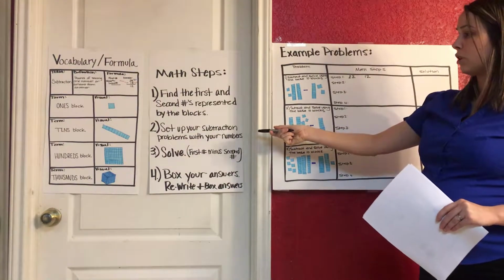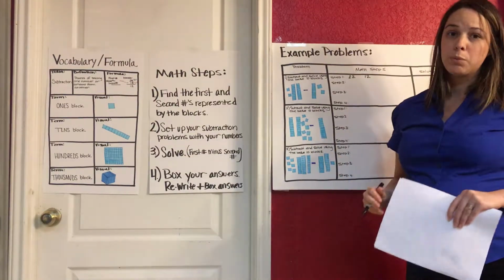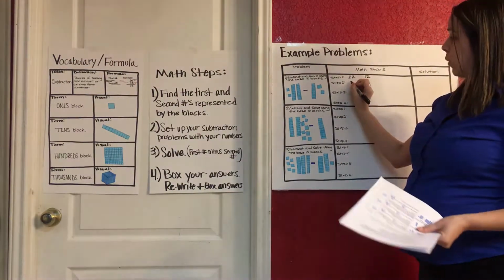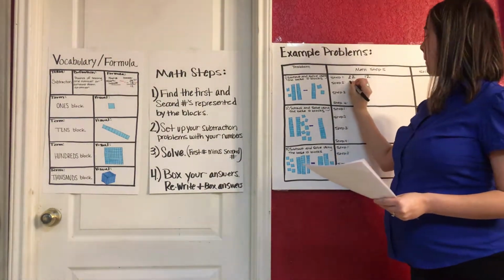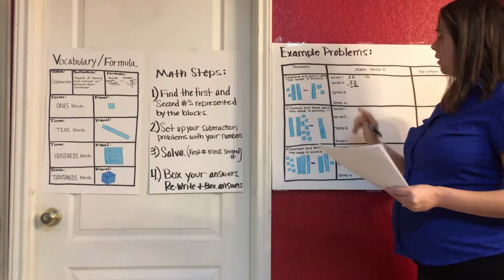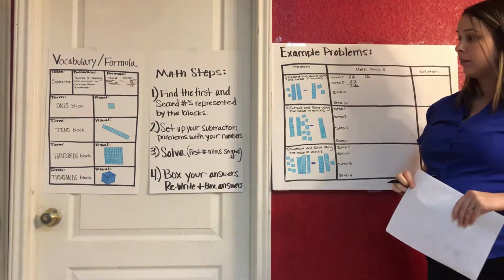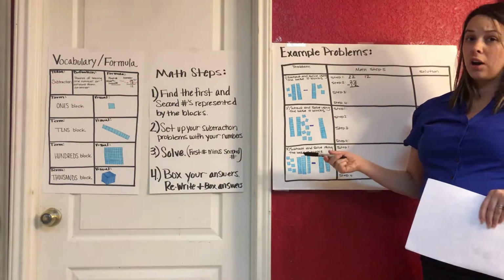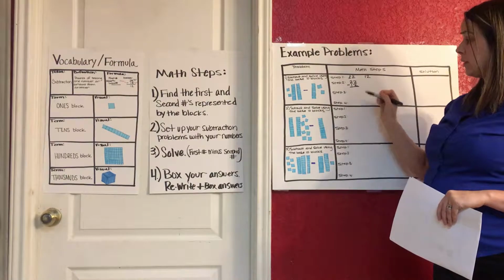So we're going to move to step 2: set up your subtraction problem using your numbers. So we have 22 minus 12. This is what our problem should look like. Step 3, we're going to solve: the first number minus the second number.